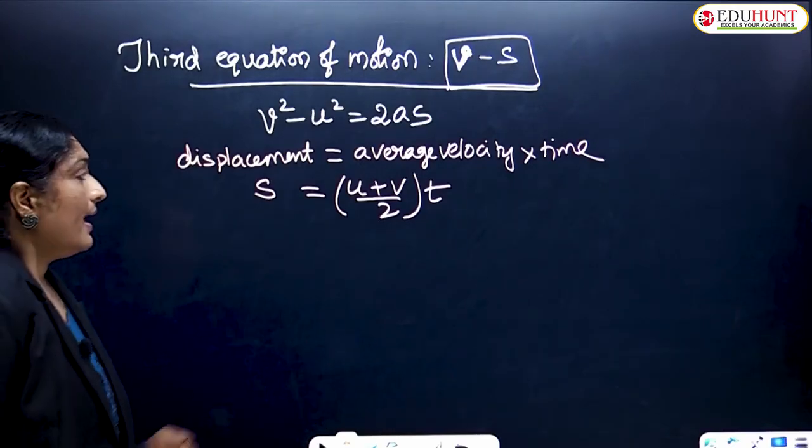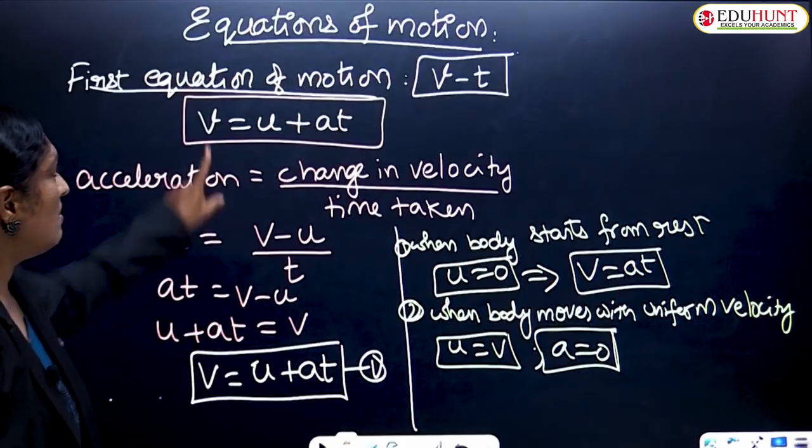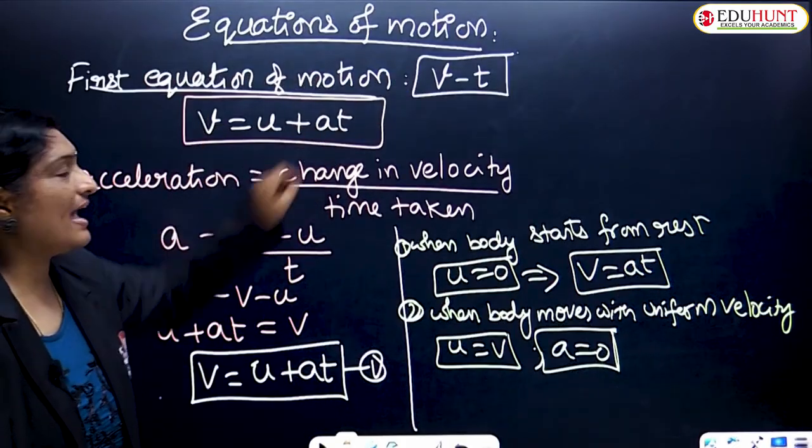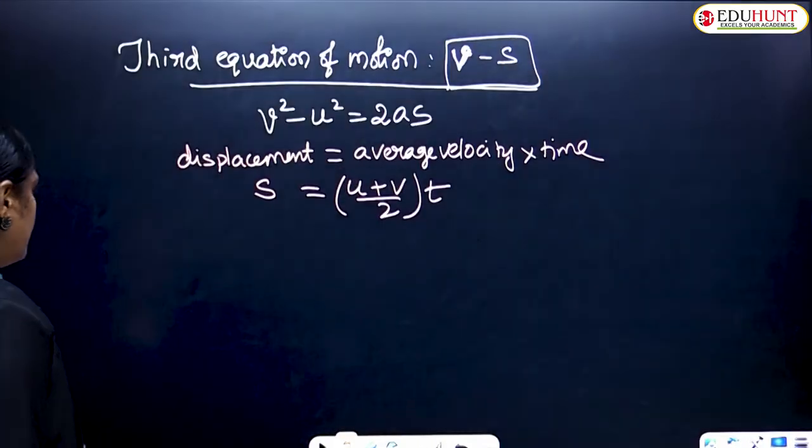Okay, children, again from the first equation of motion, what is the first equation of motion? We have v equals u plus at. Let us replace the same.